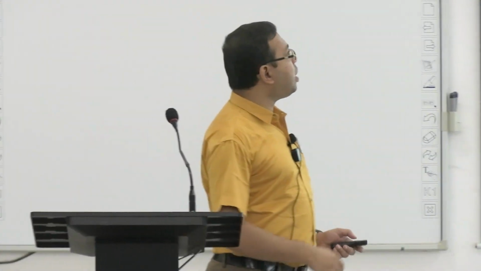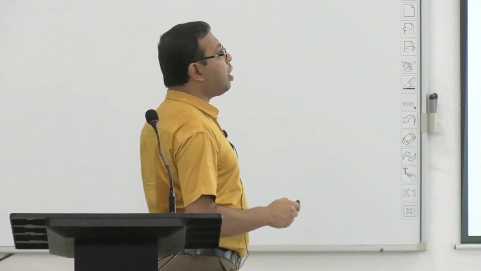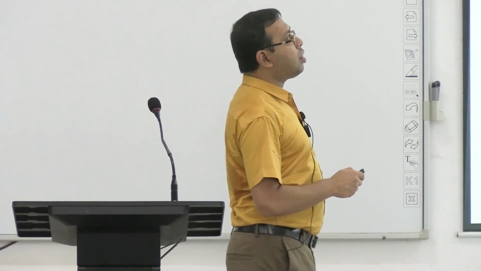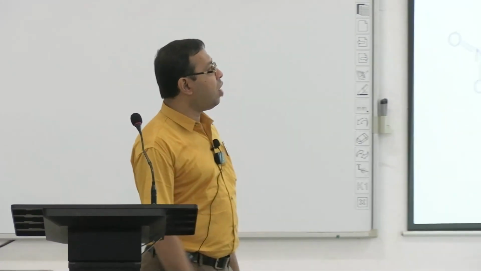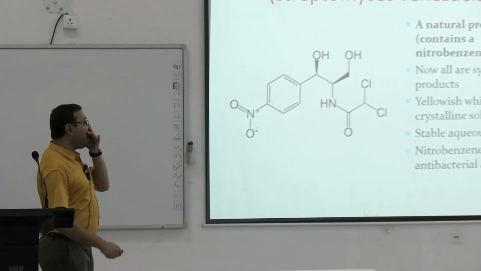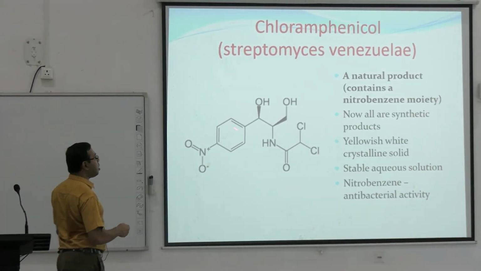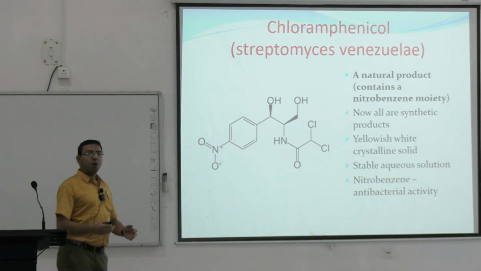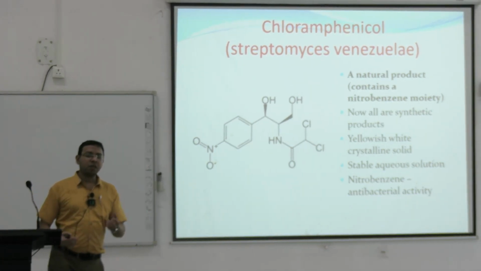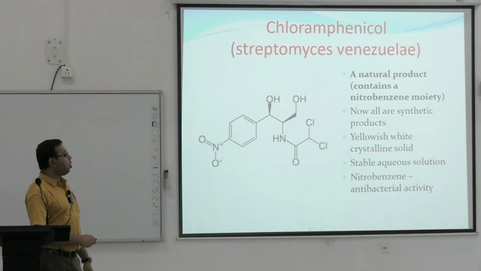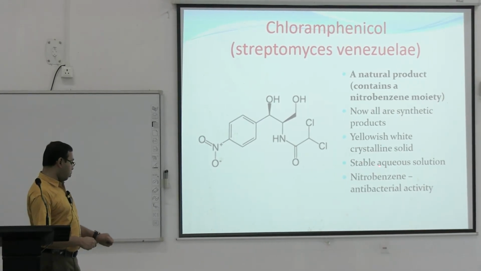Next, coming to chloramphenicol. Chloramphenicol is obtained from a Streptomyces species, Streptomyces venezuelae, which is a natural moiety, and now synthetic moieties are developed from it. It is a yellowish-white crystalline solid, stable in aqueous solution.